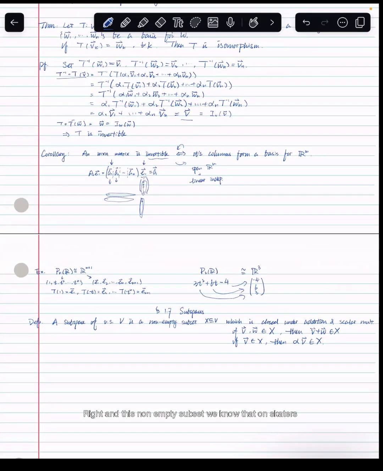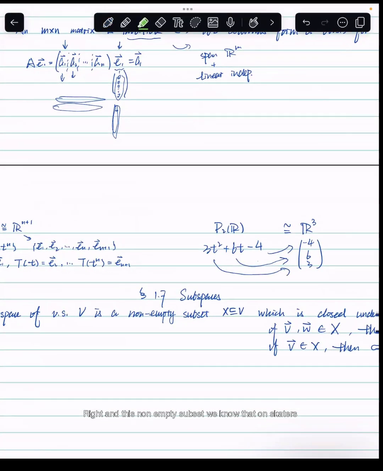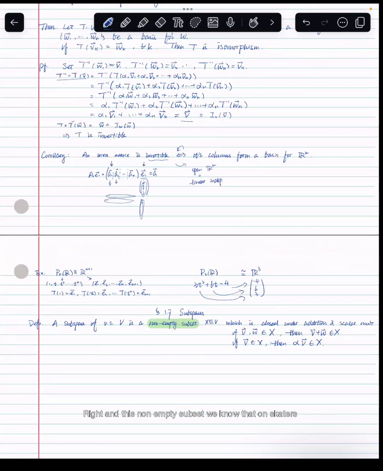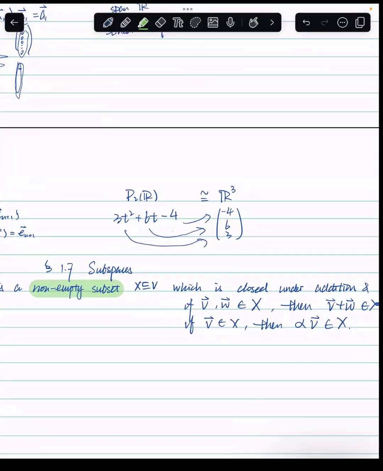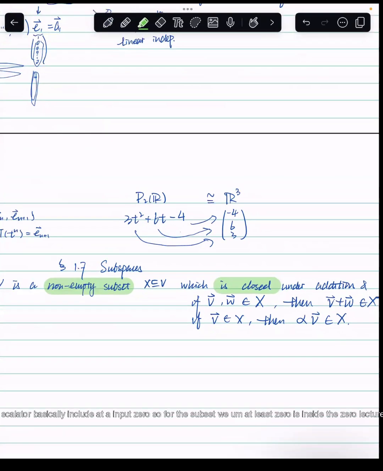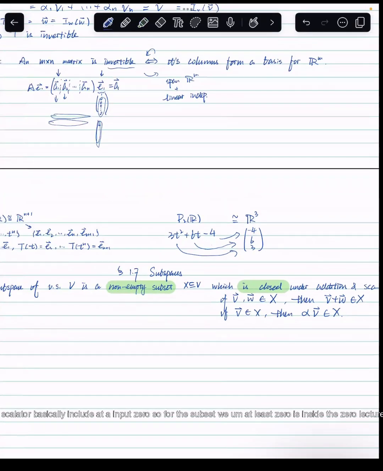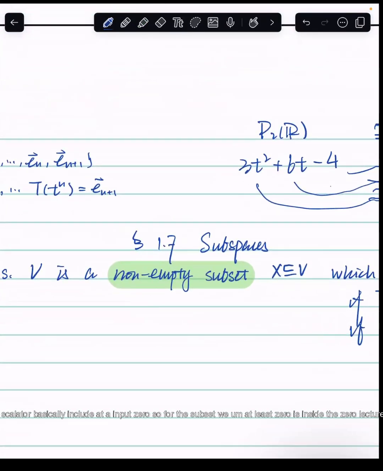Right, and this non-empty subset, we know that scalars basically include 0. So for this subset, at least the 0 vector is inside.